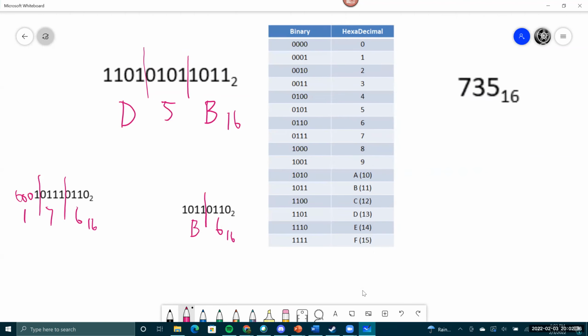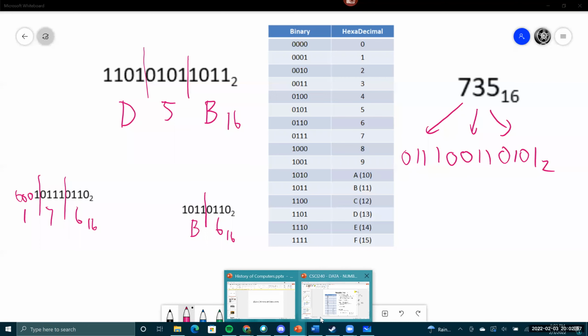So 5 would be 0101. 3 is 0011, and 7 is 0111. That's it. So each digit here corresponds to 4-bit binary.